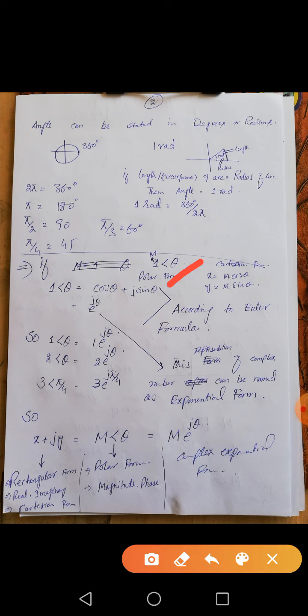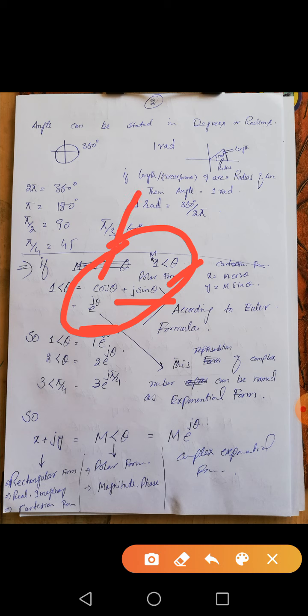And we know by the Euler formula that this cos theta plus j sin theta is equal to e power j theta. Do think over it, and you will know from your previous courses that this is the Euler formula. We can write e power j theta is equal to cos theta plus j sin theta.